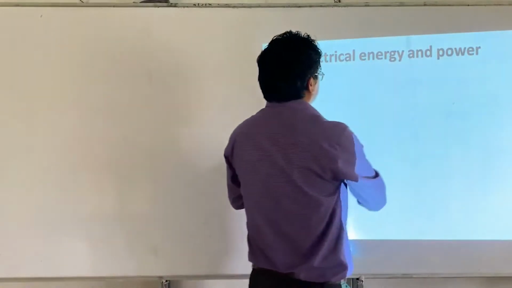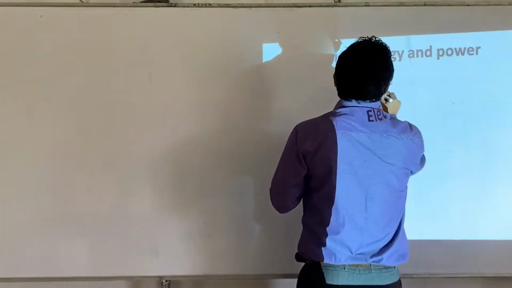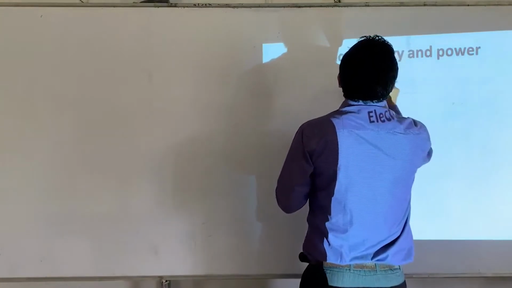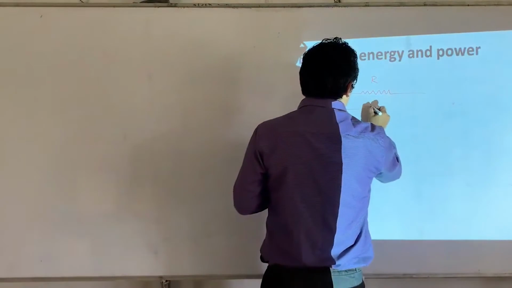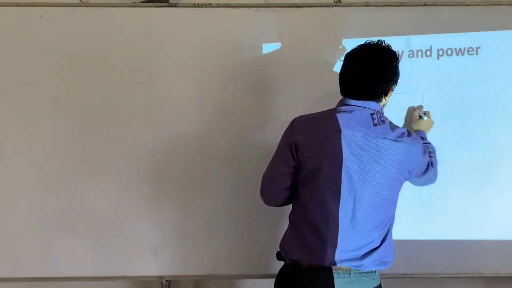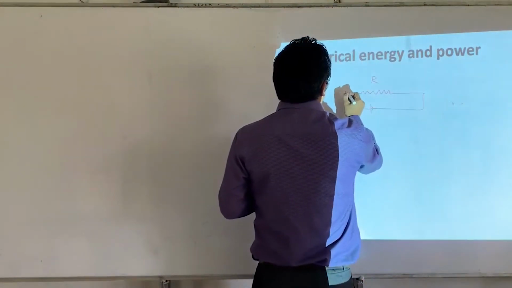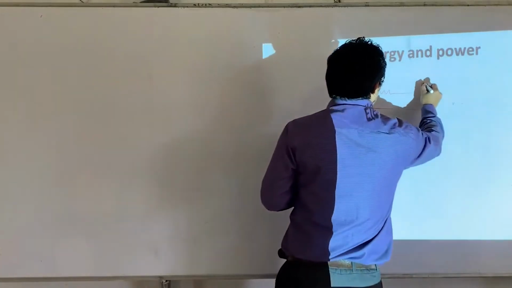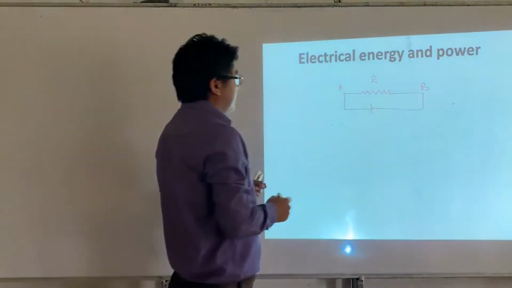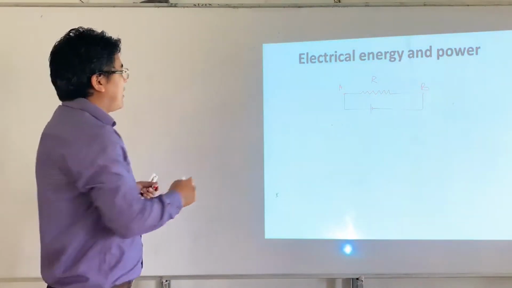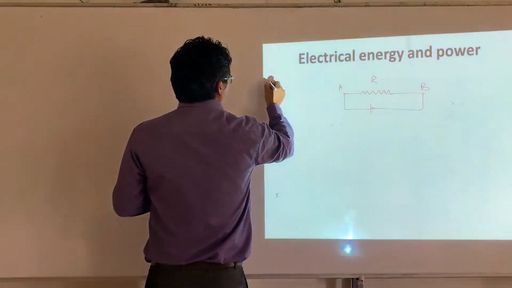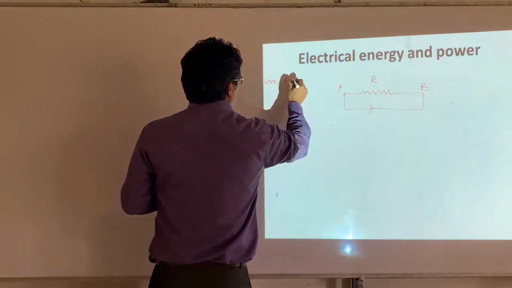I have a resistor, a wire, with resistance R, connected to a cell. This is A, this is B. I just say wire AB.